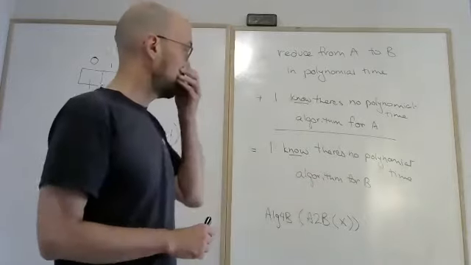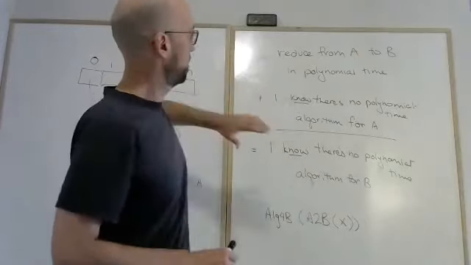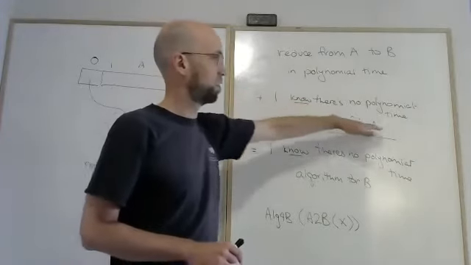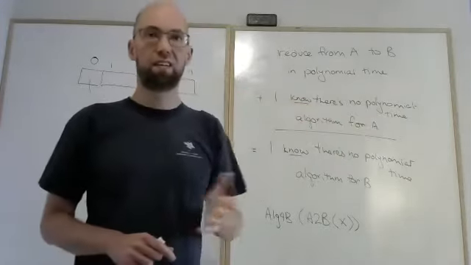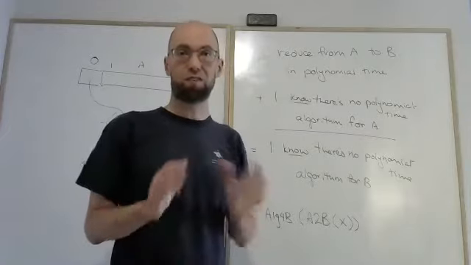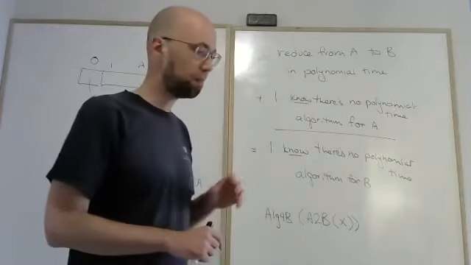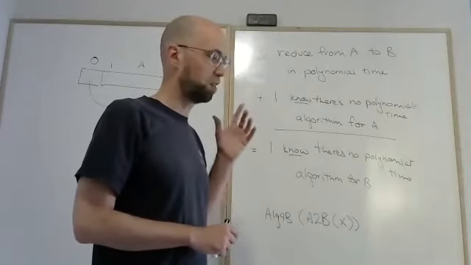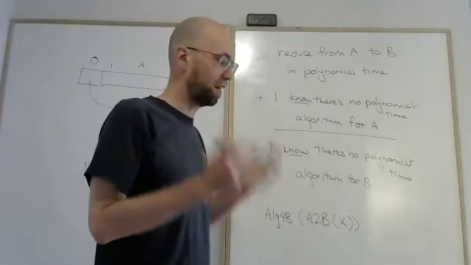Now, we don't know that there's no polynomial time algorithm for SAT. There could be, that's this whole P versus NP stuff. But we strongly suspect there is not. It would be really weird if somebody could find one.